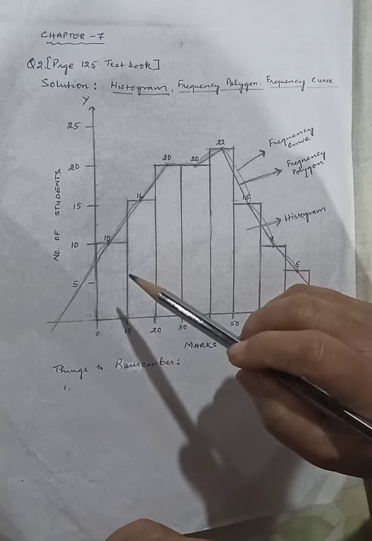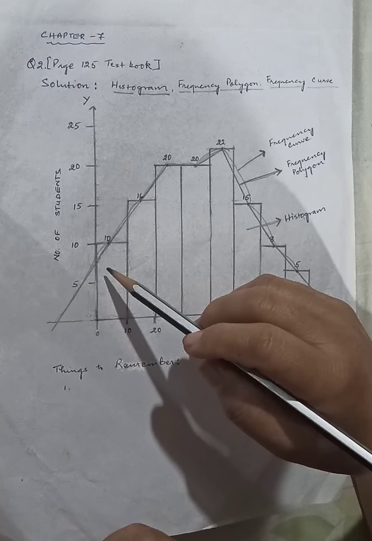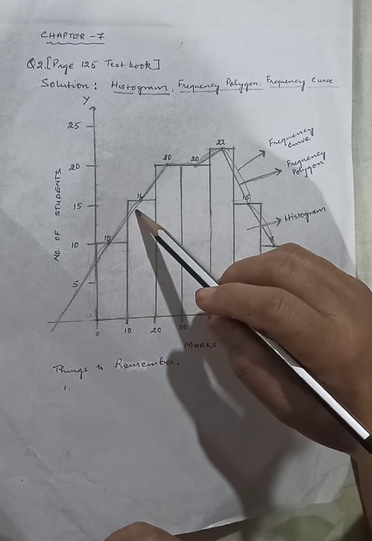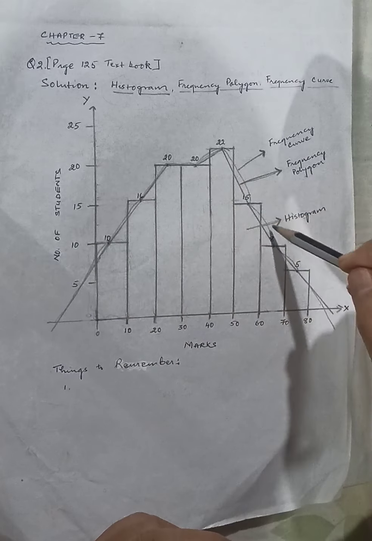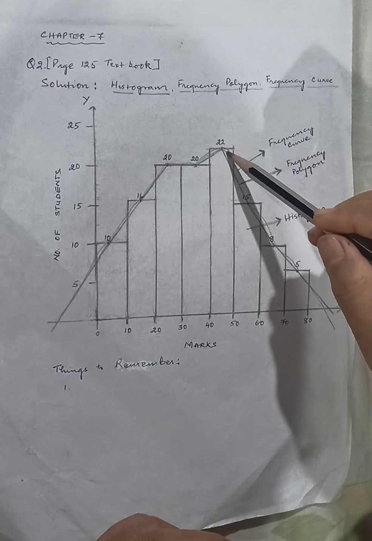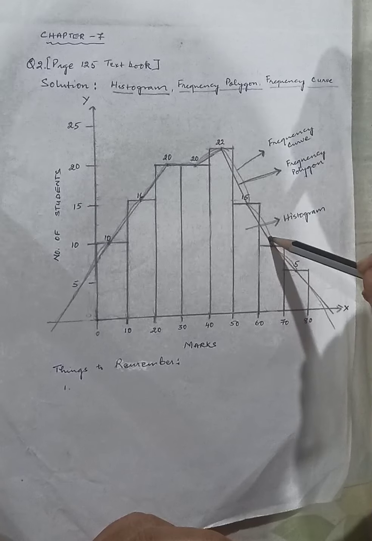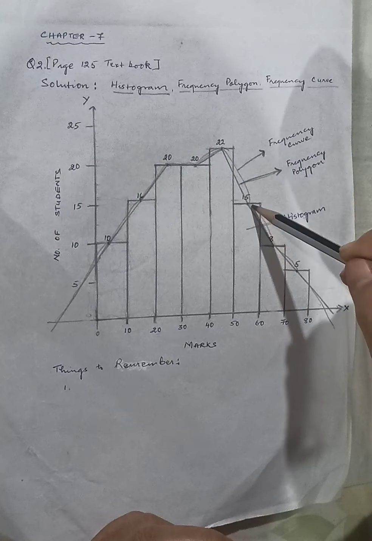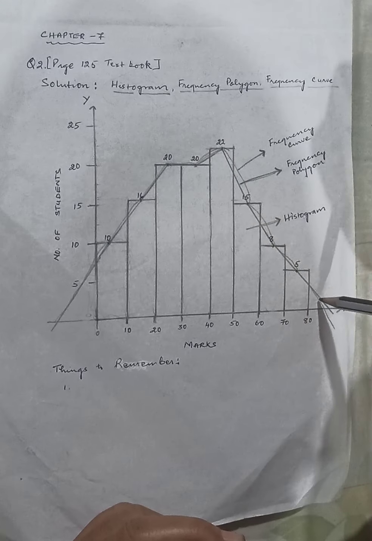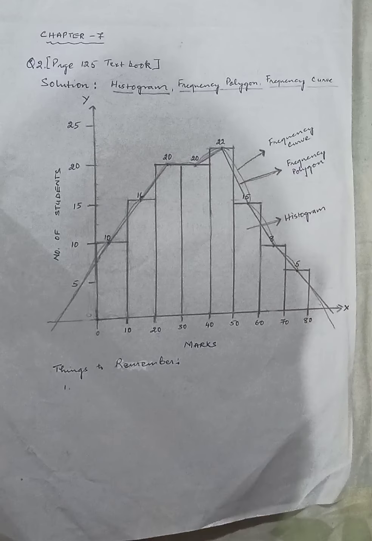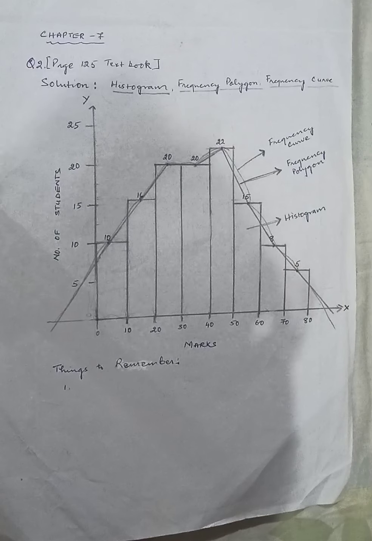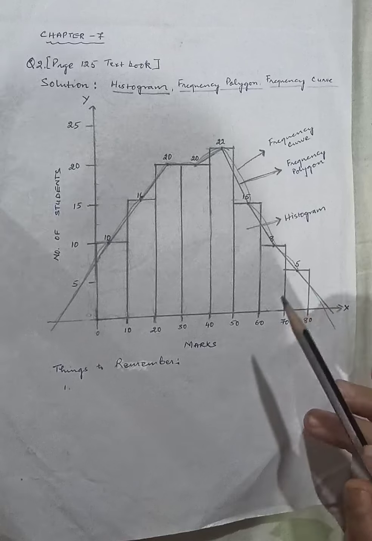So with free hand, with the help of a pencil, we draw a line, and that is called a frequency curve. So you will be seeing here, with the help of a pencil, without a scale, the line is not straight, and this represents the frequency curve. Okay, this is what the frequency diagram is about.